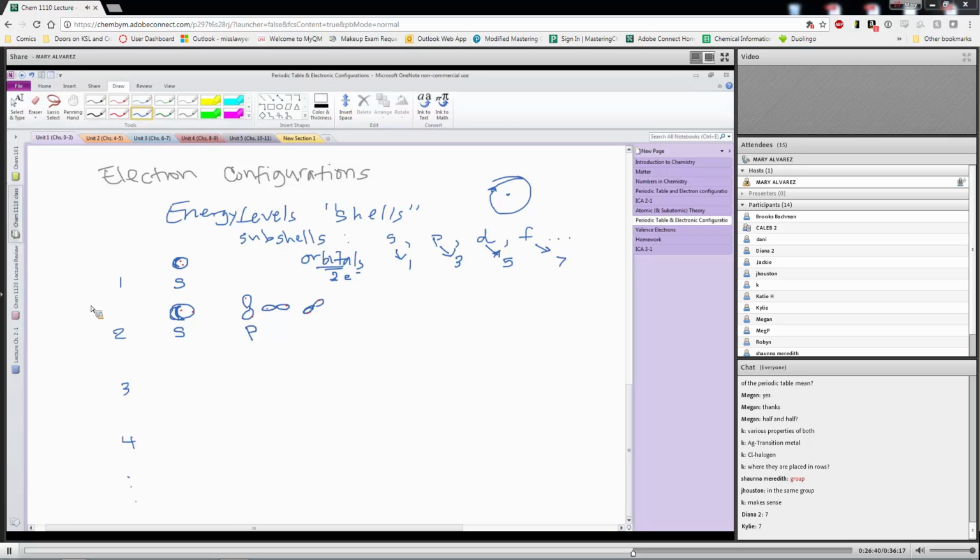All right. The level 3 shell has access to a level 3S, which is a much bigger sphere, and a level 3P, which are then bigger dumbbells, bigger figure eights. And then we also have access to the D subshell, and these ones look goofy. They're kind of like 4-leaf clovers.